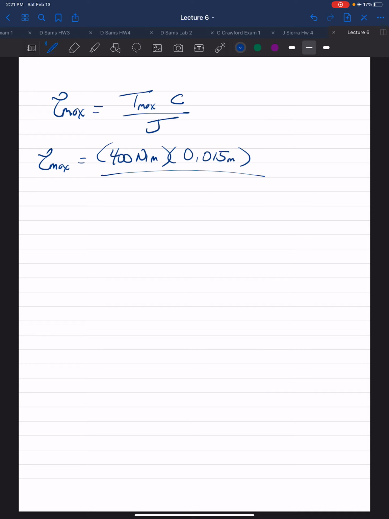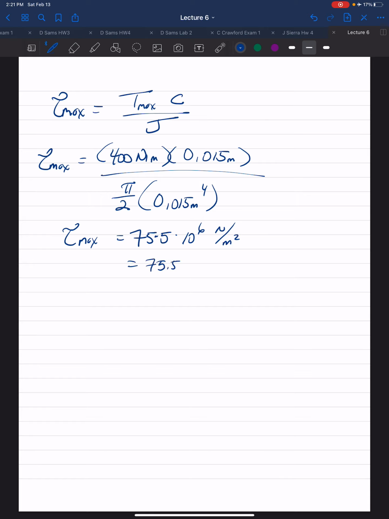And our polar moment of inertia for the solid shaft is pi over 2 times 0.015 meters to the fourth power. Therefore, our maximum shear stress comes out to be 75.5 times 10 to the 6 newtons per meter squared, which is 75.5 megapascals.